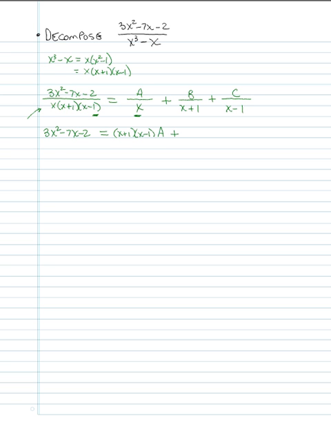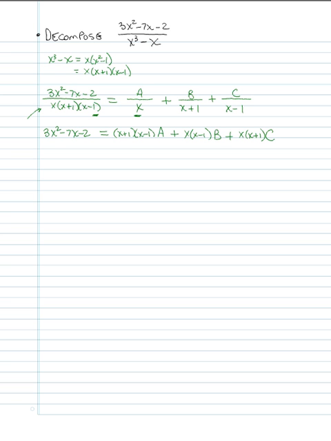And likewise on the second fraction, when I multiply the denominator, x times x plus 1 times x minus 1, with the fraction b over x plus 1, the x plus 1s are going to cancel. And so I'm going to have left an x and an x minus 1 factor, times the b that's in the numerator. And then likewise on this last fraction, when I multiply both sides by x times x plus 1 times x minus 1, the x minus 1s cancel, but not the x or the x plus 1 factor. And so that will be times the c.